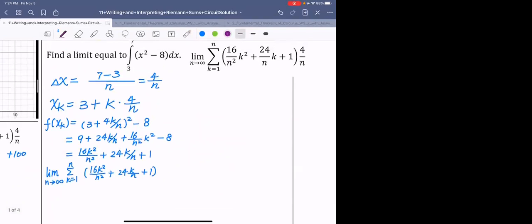So we can write down 16k squared over n squared plus 24k over n plus 1. Let's continue, please.